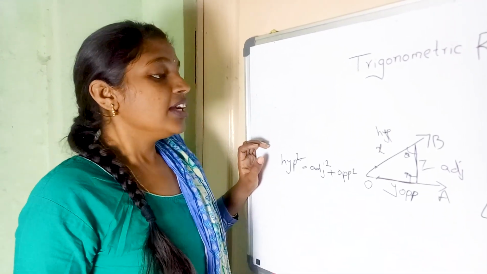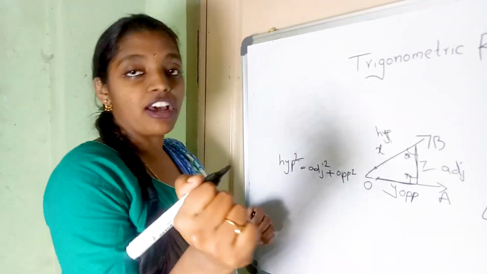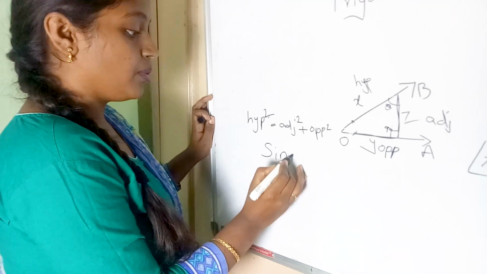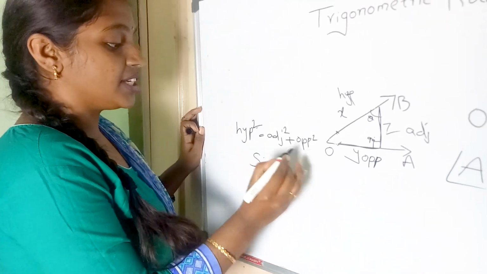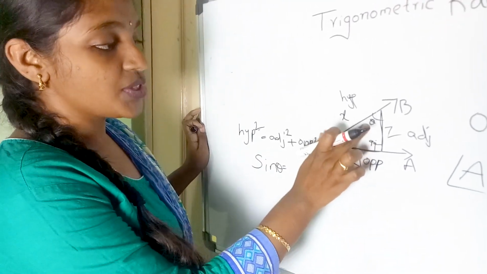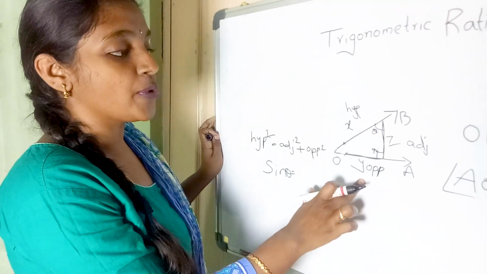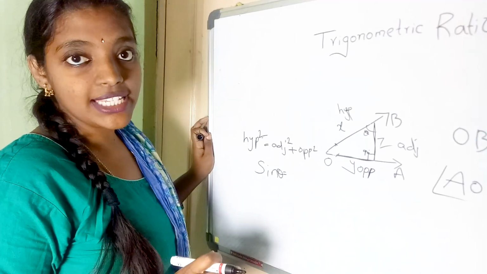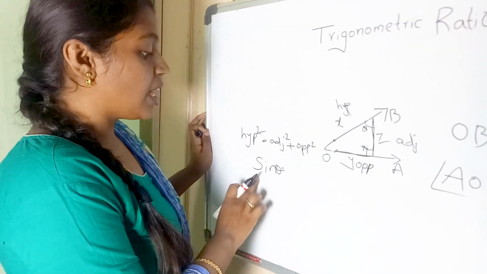For example, we will write the formula for sine theta. What is the theta here? Theta is here. That means this is the opposite side, this is the adjacent side, and the largest side is always called the hypotenuse.